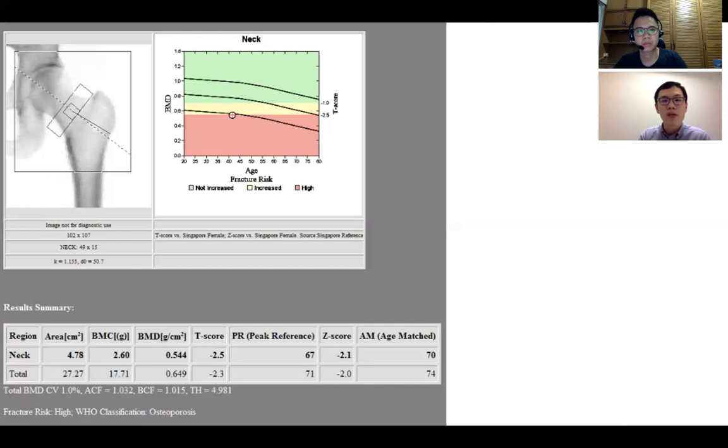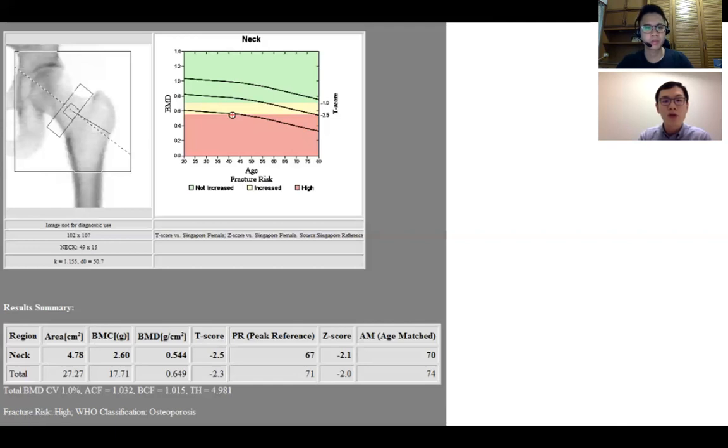Whereas the green, yellow, and red are the T-score of -1 and above, between -1 and -2.5, and -2.5 and below. This particular bone mineral density scan belongs to a 42-year-old premenopausal woman. You can see a little dot there showing where her neck of femur bone mineral density is, and it's lying below the Z-score of -2.